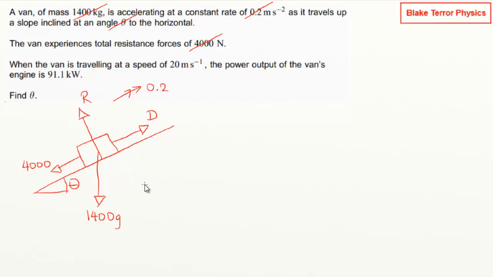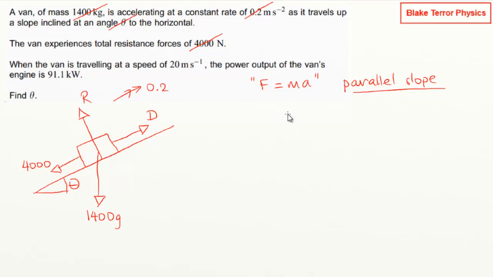The first thing that we're going to need to do is apply Newton's second law. So we'll do our F equals ma because they've given us the acceleration and we've got a load of forces. We can do this parallel to the slope because that's going to get rid of one of our unknowns, R, and it's the direction that we got our acceleration in. So let's resolve our forces.